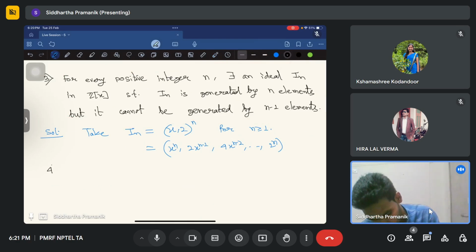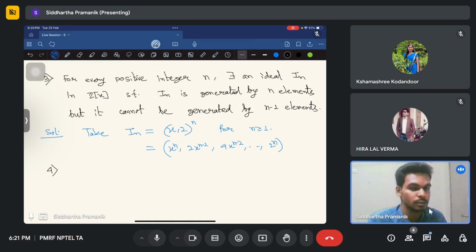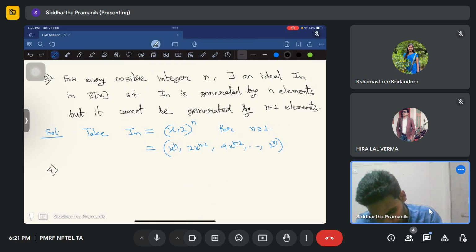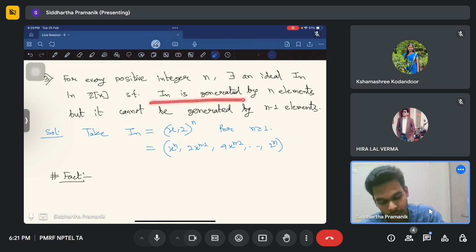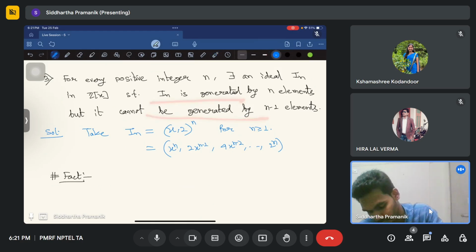Okay, let me write down some more facts, then I will come to some concrete problems. So let me just write down a fact. This is true for any ideal, but if you take prime ideals, then this statement need not be true.